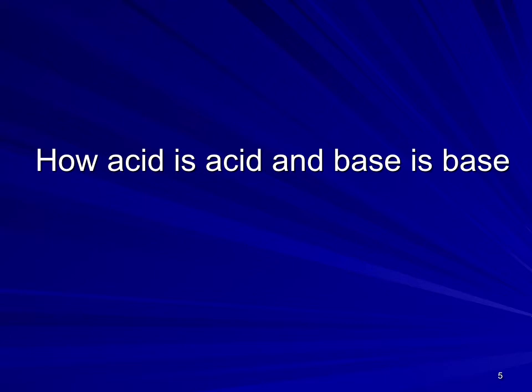Now, if we take this solution and we put it in the patient, what will the patient become? If this liquid is infused into a patient, that will make the patient acidotic because hydrogen ions are acidic.